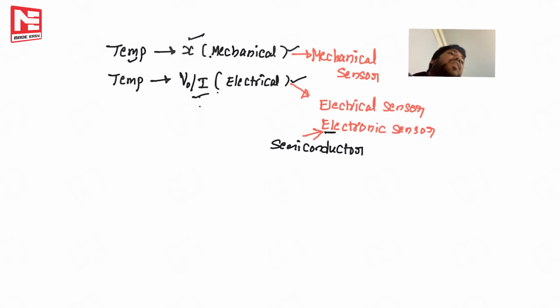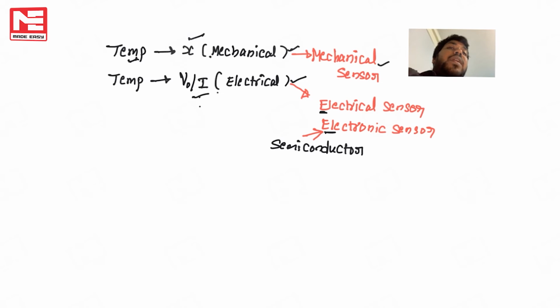And if there is no semiconductor material, but still you are able to generate some output when the temperature is changed, then that particular device is called an electrical sensor. Now let me conclude the topic here. If the output is mechanical, corresponding to the physical quantity, then that particular device is called a sensor.